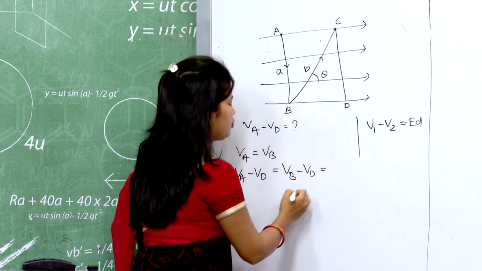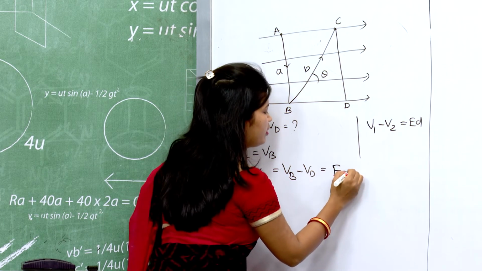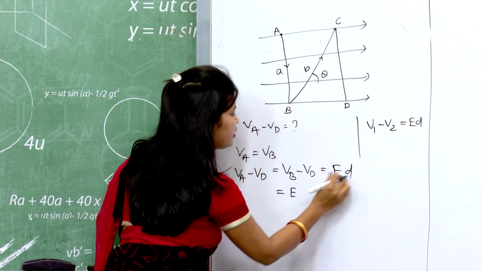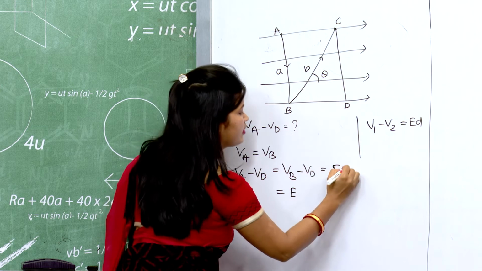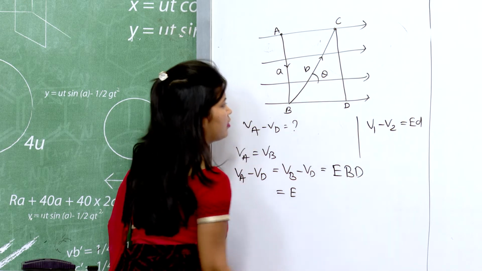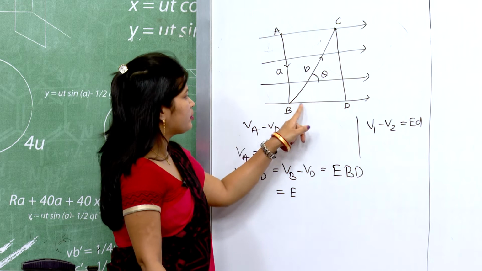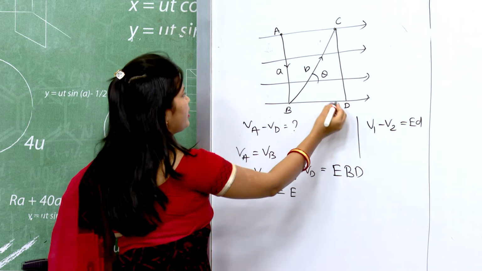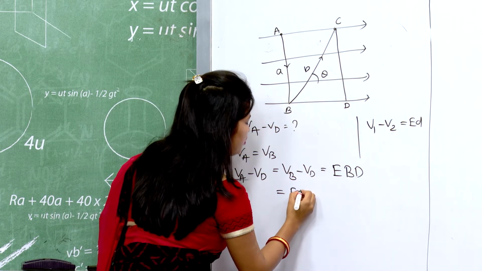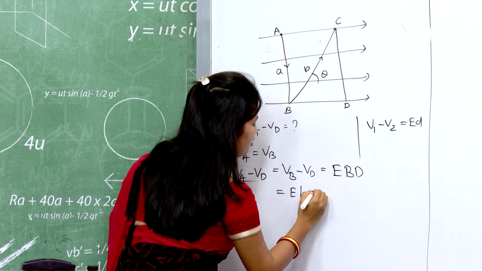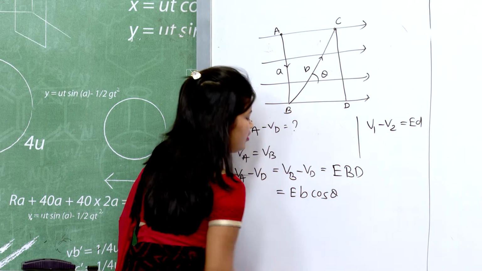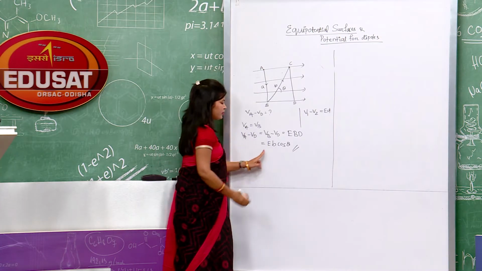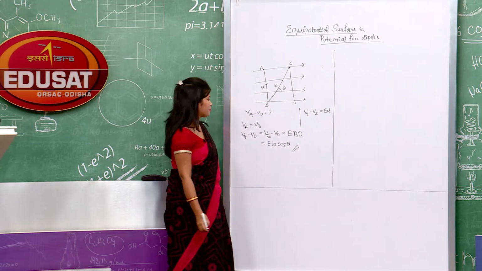So, VB minus VD is equal to E times d, where d is the distance BD. So, what is BD? See, here the side is AB, then cos theta is BD upon AB. So, BD is equal to AB cos theta. So, this is your answer. VA minus VD is E AB cos theta. This is your answer.